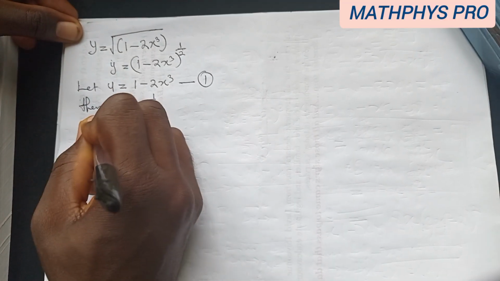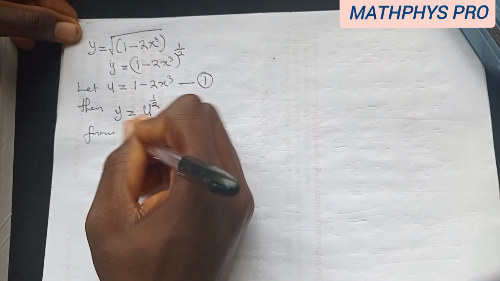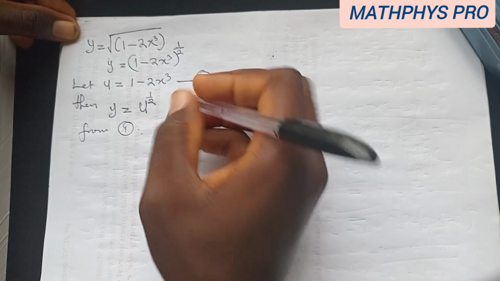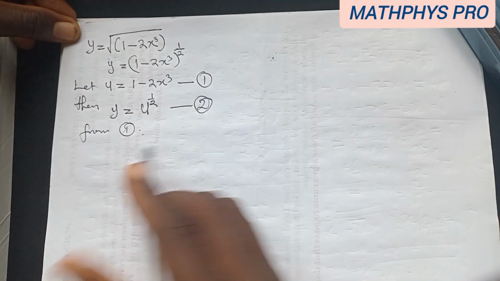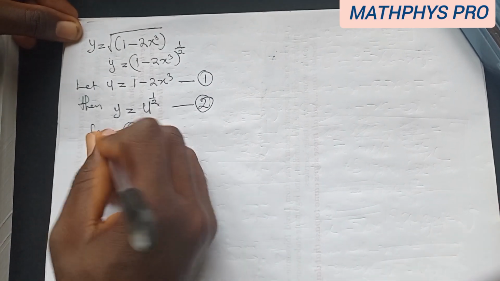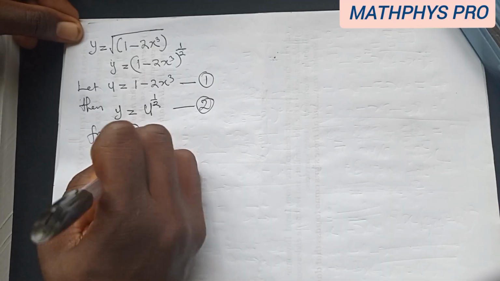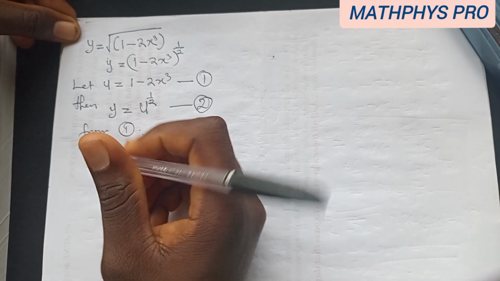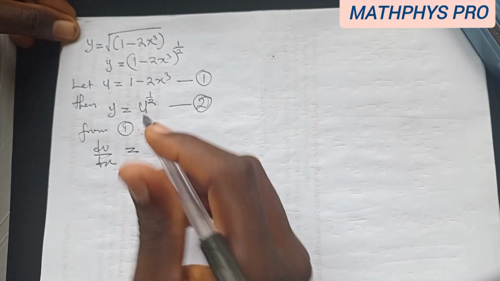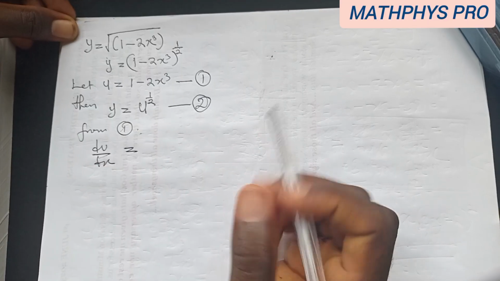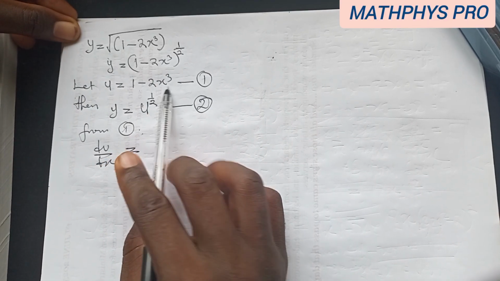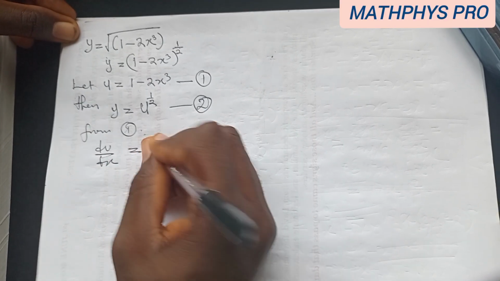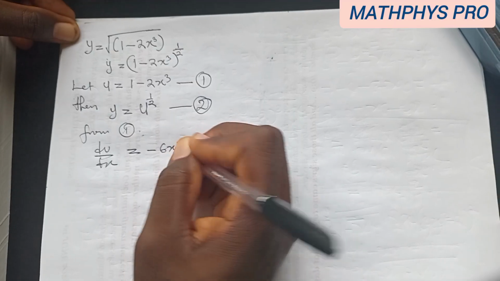Let's call this one equation 2. So now, from equation 1, du dx will be equal to, differentiate 1 will give you 0, and differentiate minus 2x cubed will give you minus 6x squared.